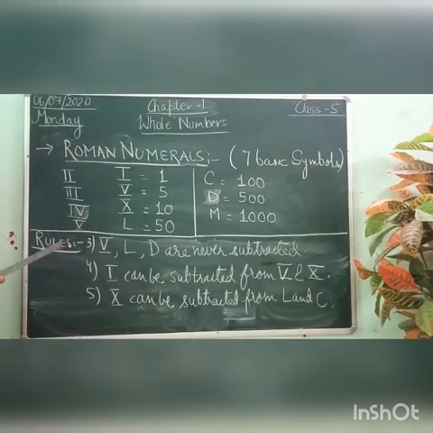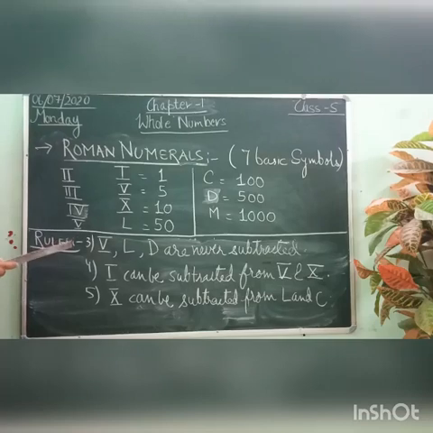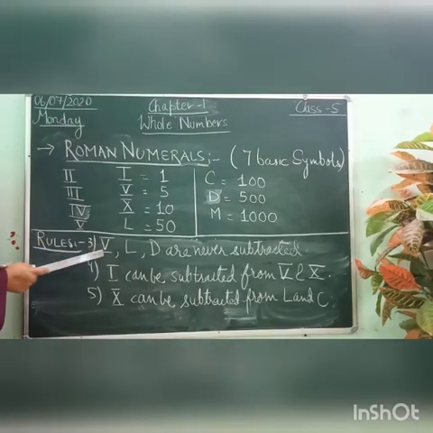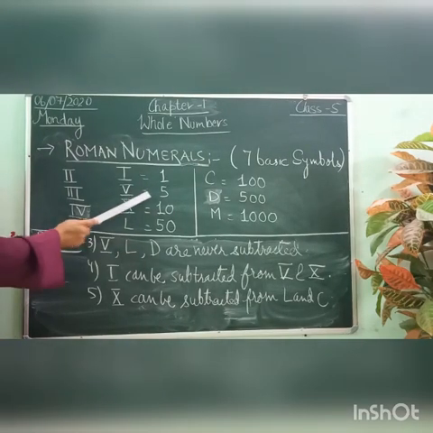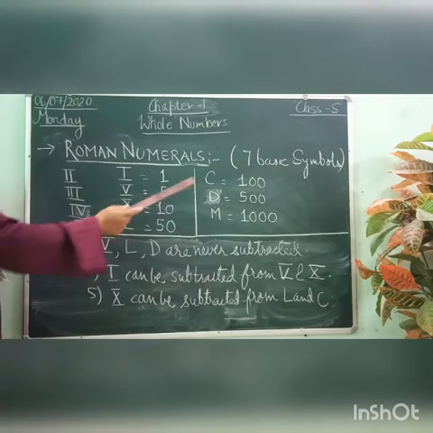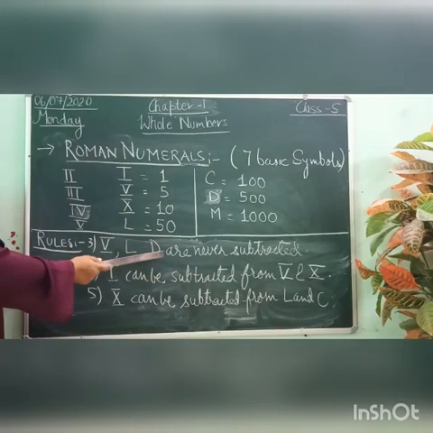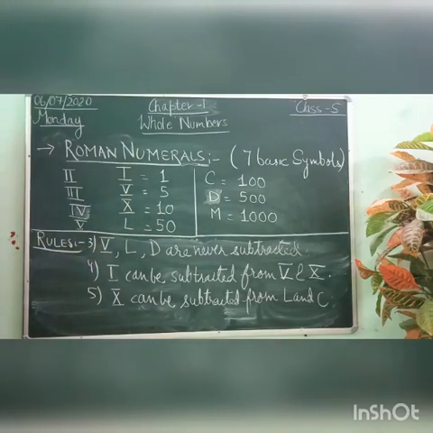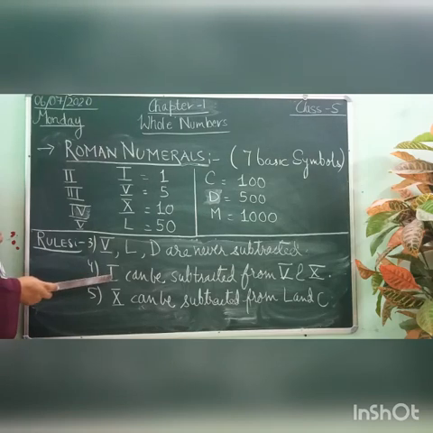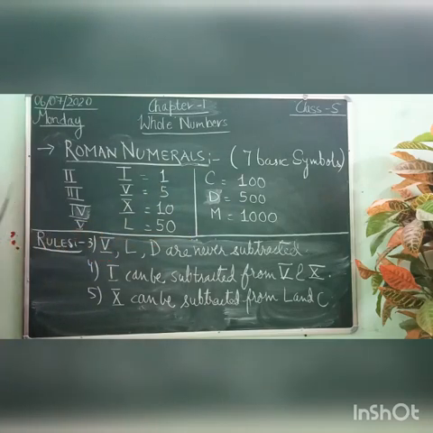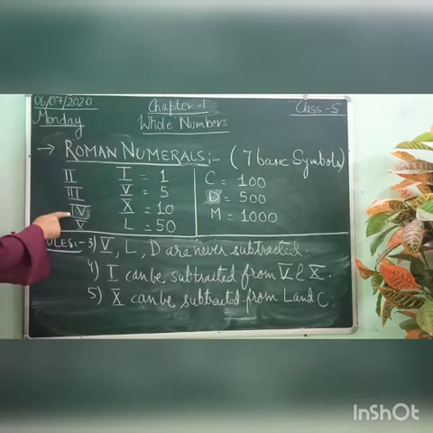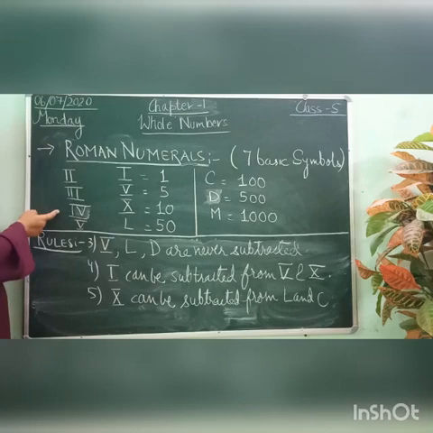So only the last points are left. The next rule is about V, L and D. V means 5, L means 50 and D is equal to 500. They are never subtracted. They cannot be subtracted. Then another rule is that I, or 1, can be subtracted only from V and X. Did you get it? V and X. As you have seen in class 4, the value of V is 5 and I is written before that.